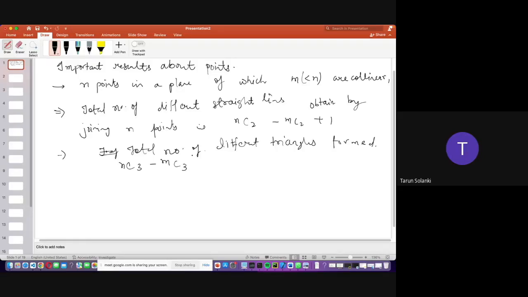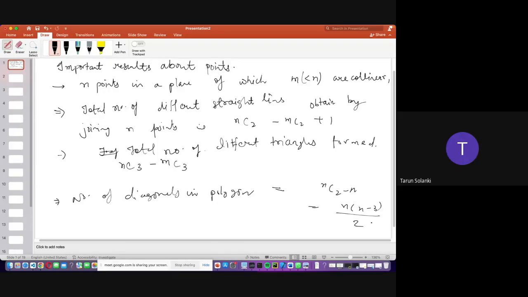Okay, next is the total number of diagonals in a polygon, so that will be nC2 minus n, that you can write as n(n minus 3) divided by 2.